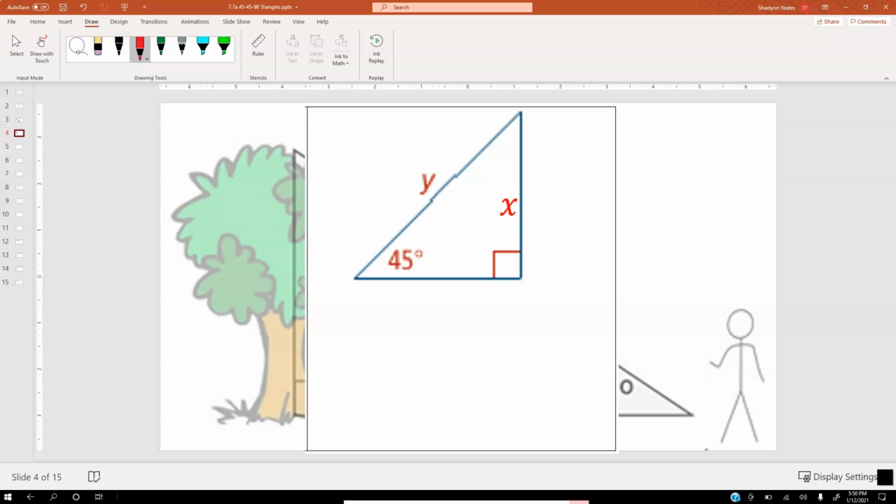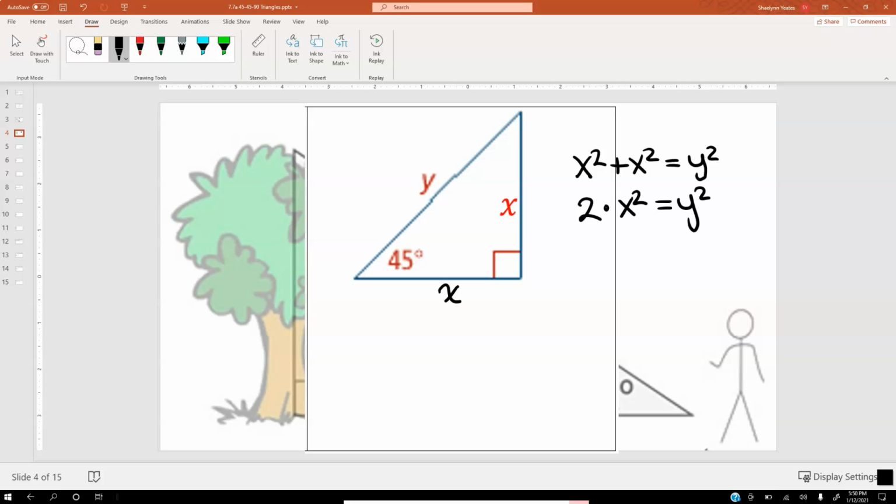Let's see what happens when I change that side length from 60 to x. So here we have x squared plus x squared equals y squared. So when I add these together, I end up with 2x squared equals y squared. From here, I can easily solve for either x or y. And we're actually going to end up doing both.